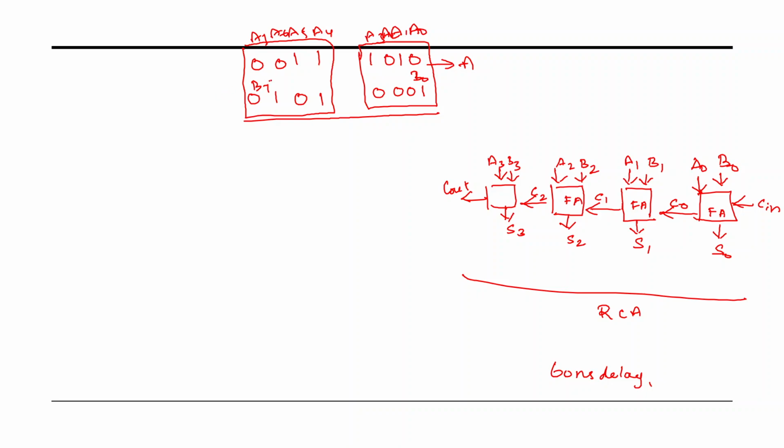Here the higher order 4 bits are there. So now what I will do is compute for A4, B4, and then A5, B5, and then A6, B6, and then A7, B7.